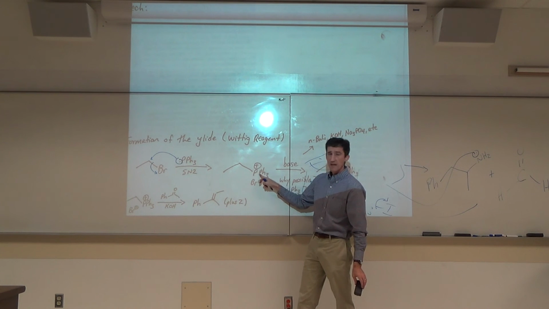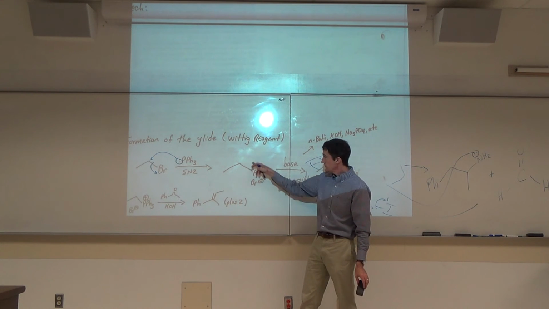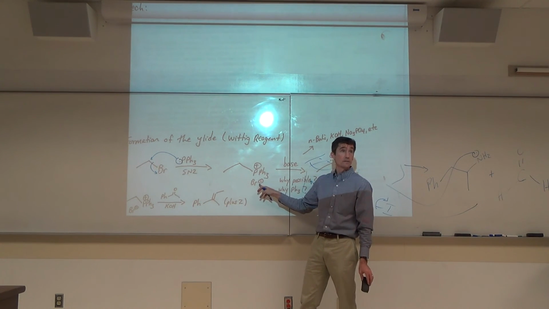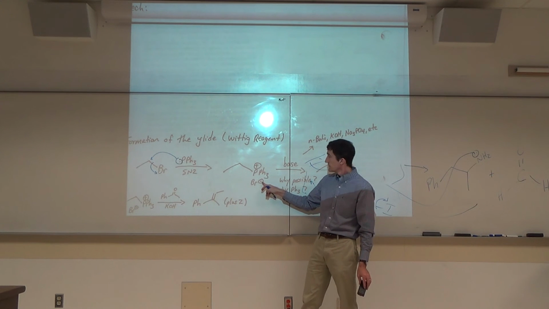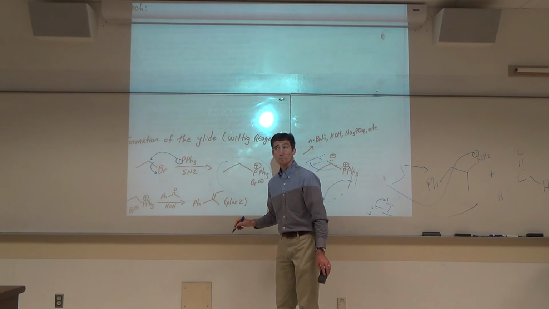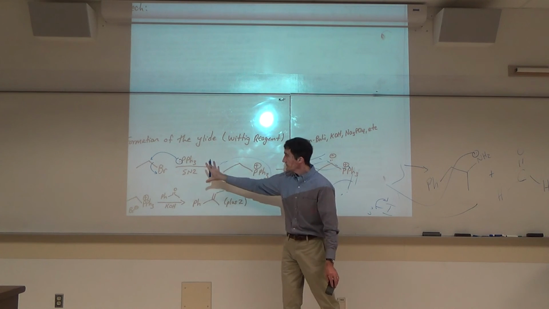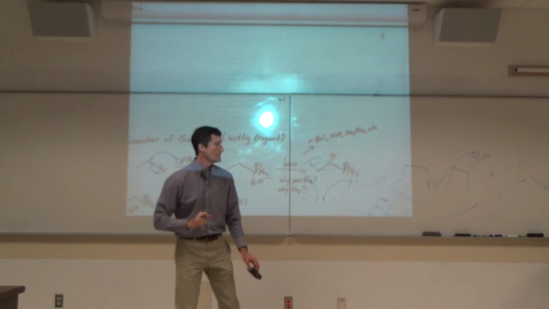Now, the phosphorus doesn't have an H to lose, and so it can't go neutral. And so this right here can be isolated. And actually, something like this is what we're using in lab. Remember yesterday, the one we're using in lab had a chlorine minus. Okay? Well, these are made from this type of just simple SN2 reaction.